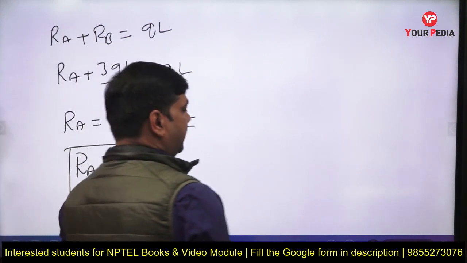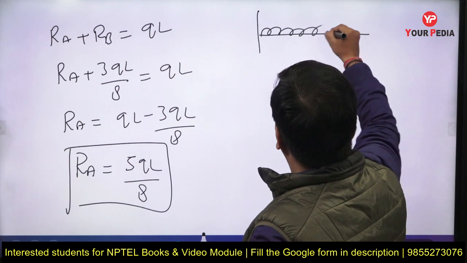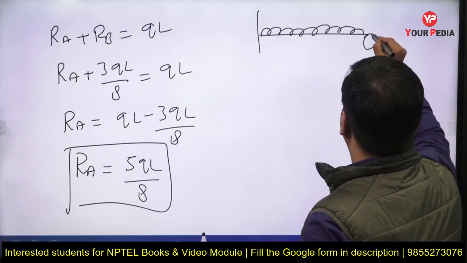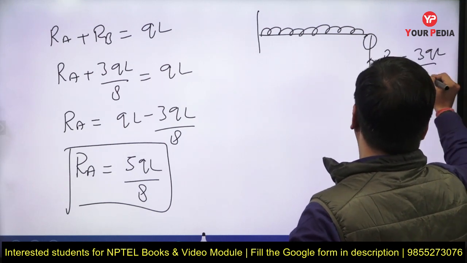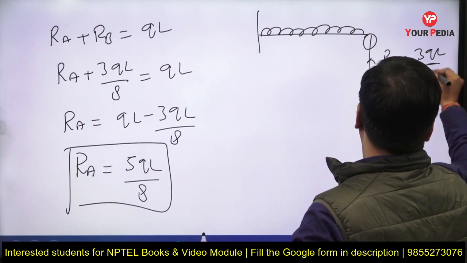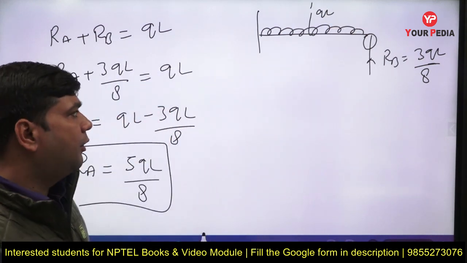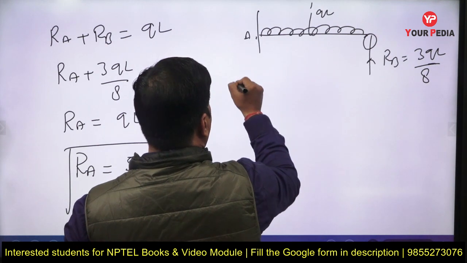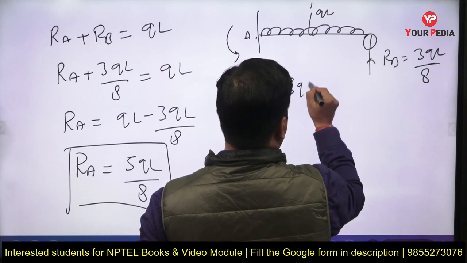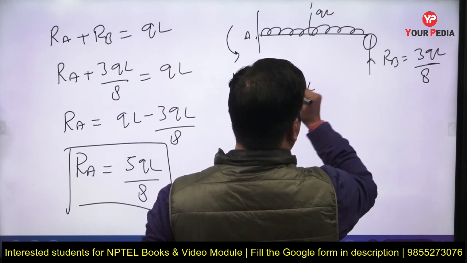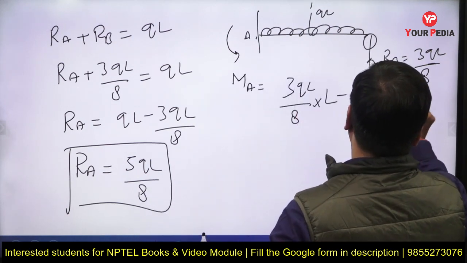Now the question is also asking for the moment. If I go to find the moment, the beam is subjected to a UDL and this is a support. The reaction at B equals 3 q L by 8, and the UDL gives q L. Taking the moment about point A, it equals 3 q L by 8 into the distance L minus q L into L by 2.